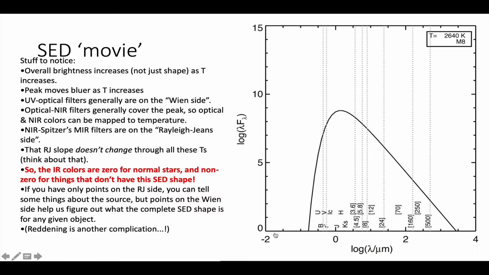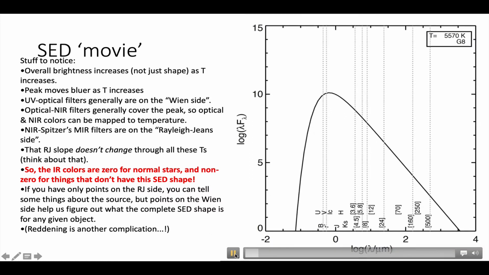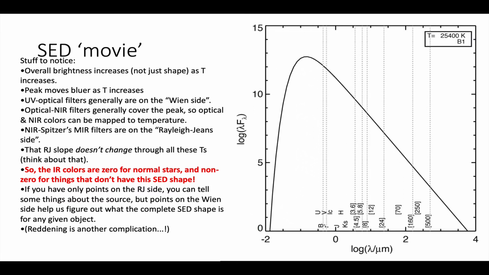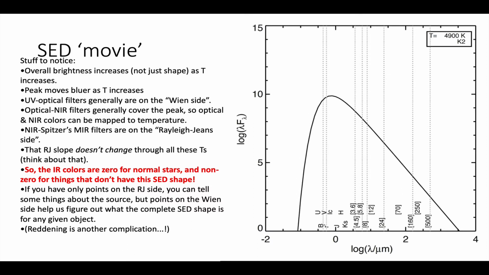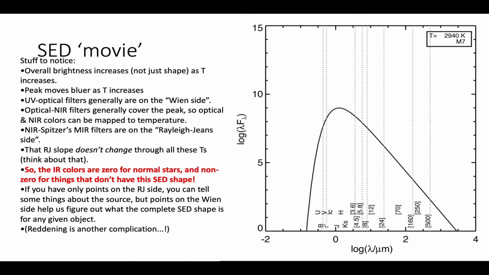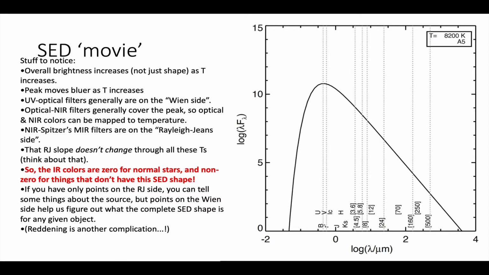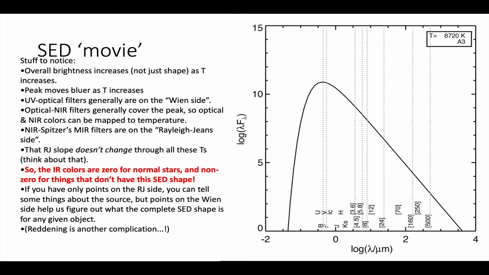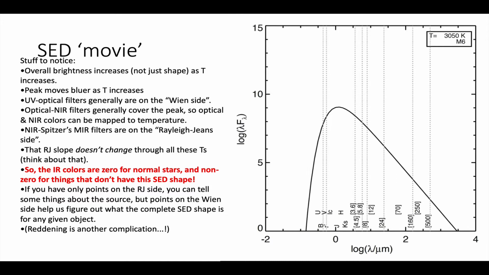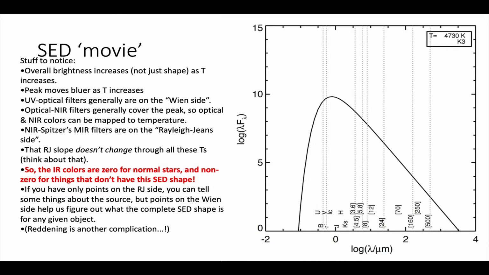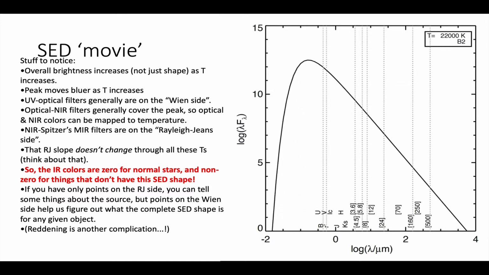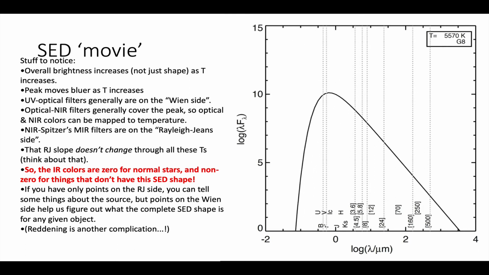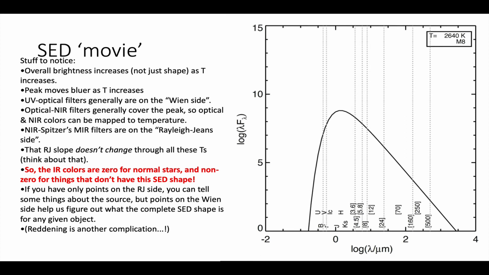The temperatures that I'm using are listed in the upper right, and then it's got a spectral type underneath, because the temperatures that I picked are the effective temperatures for the spectral type listed there. So the first thing to notice is that as the temperature increases, the peak moves left and the whole thing gets brighter. The whole thing gets brighter and the peak moves bluer.